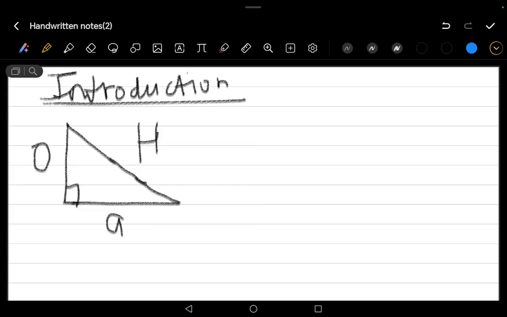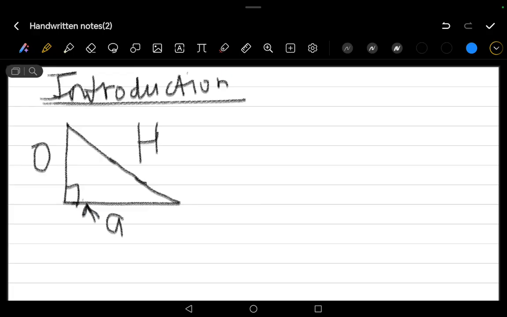These are the three important sides of a right angle triangle. Hypotenuse is opposite the right angle, the longest side. Opposite is opposite the given angle, and adjacent is next to the given angle, not the hypotenuse.